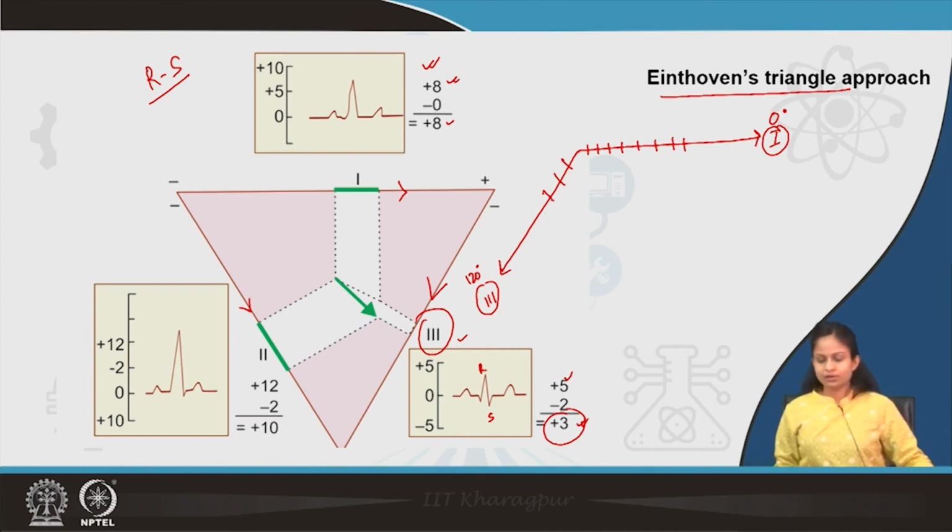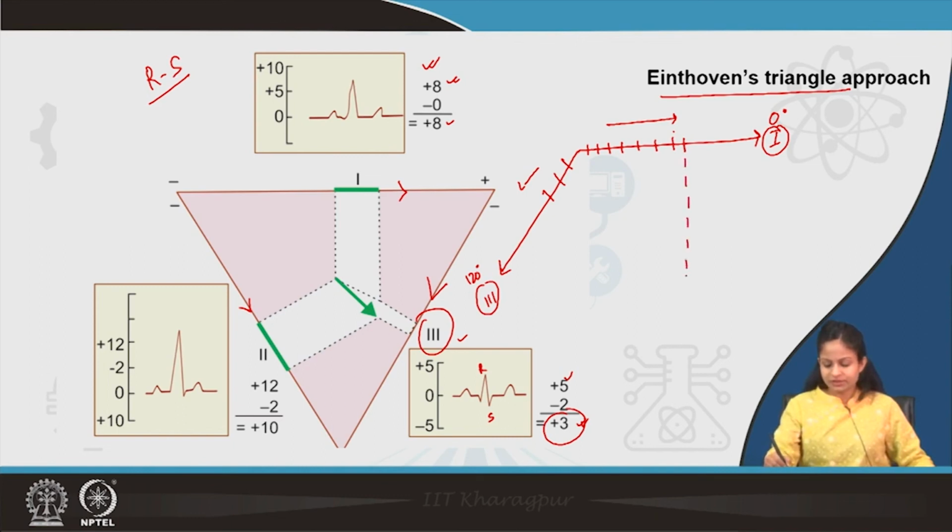In this way we have plotted. This is an arbitrary diagram, since we do not have graph paper over here, so just ignore whatever interval difference is happening. So, plus 8 I have plotted in the lead 1 axis and plus 3 in the lead 3 axis. We will draw a perpendicular from lead 1.